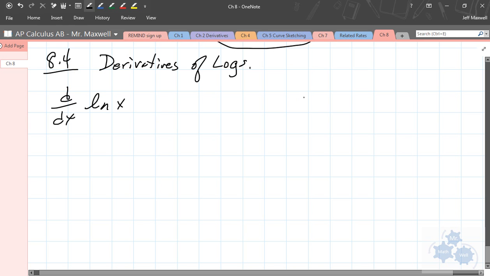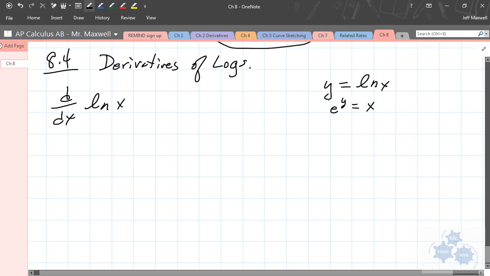Well, let's take a look at this. If we start off with y equals ln of x, I can rewrite that as e to the power of y equals x, right? And I take the derivative of this.